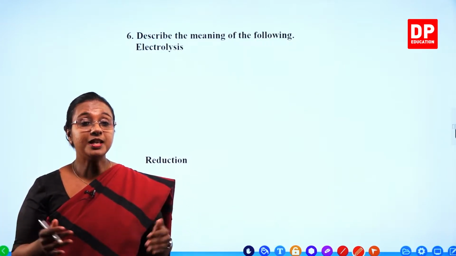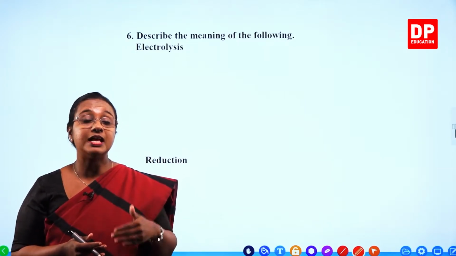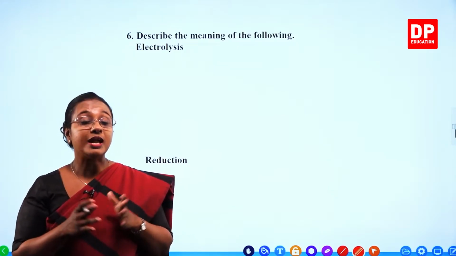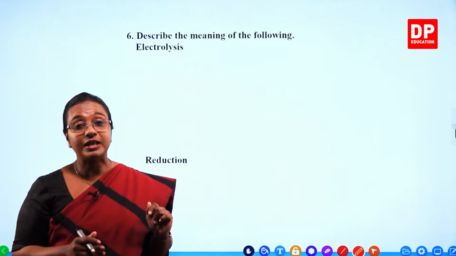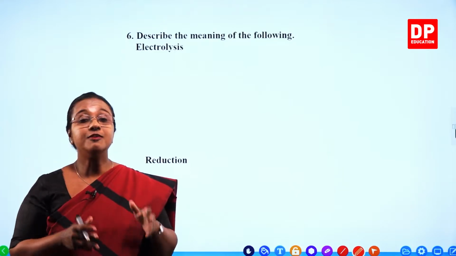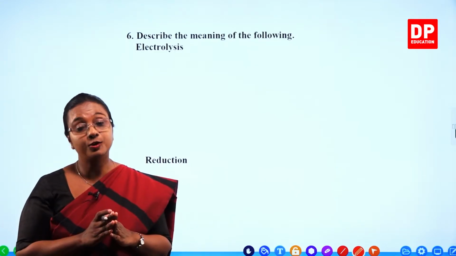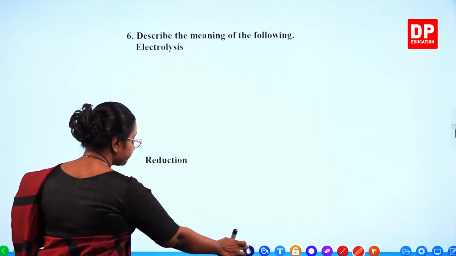For example, if you supply electricity to sodium chloride, that is fused sodium chloride or liquid sodium chloride, you can separate it into sodium metal and chlorine gas. So by supplying electricity, we separate it into sodium and chlorine. So that is the meaning of electrolysis.